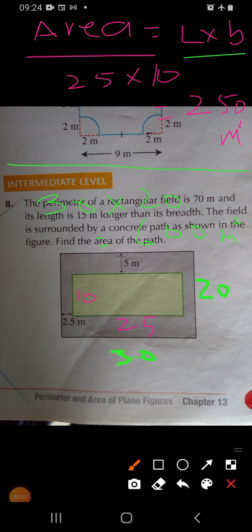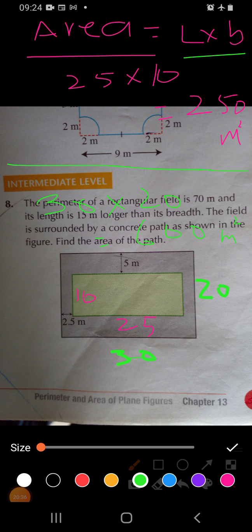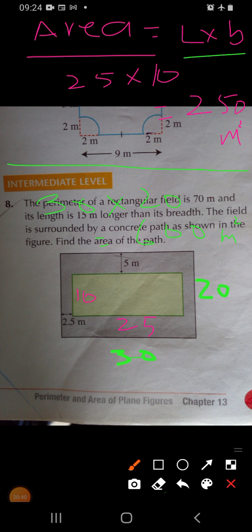So the area of the bigger rectangle is 600 minus 250 will give me 350 meter square. So this is the area of the concrete path which is surrounding the rectangular field.